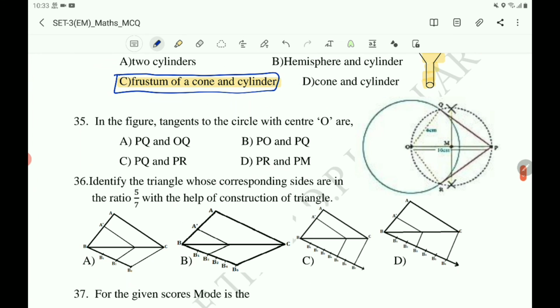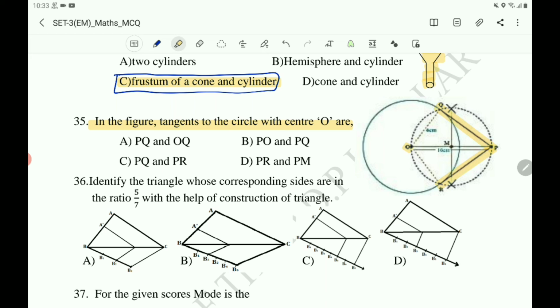Then take the 35th question. Question number 35. What is that question? In the figure, tangents to the circle with center O. Here O is the center of the circle. Which are the tangents? This PQ and PR.